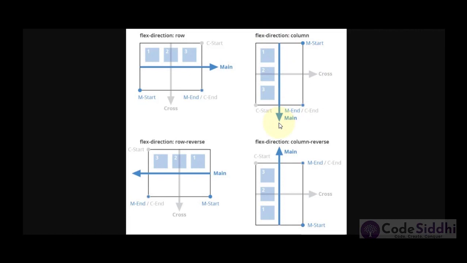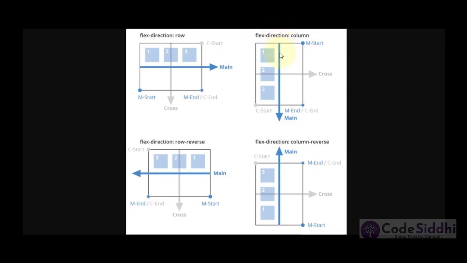This is main axis. So if this is main axis, what we have learned is that justify content will work with the main axis and align items will work on the cross axis. Justify content here will decide whether the items should be on top, center, or bottom. Earlier, justify content was deciding whether the item has to be left, center, or right. But here, justify content works differently.